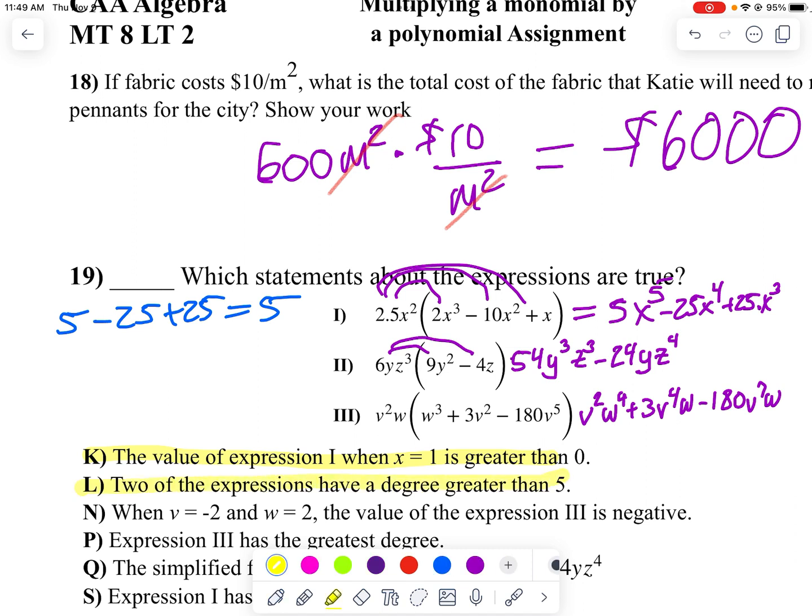When v equals negative 2 and w equals 2, the value of expression 3 is negative. Well, let's do expression 3. So I'm going to say negative 2 squared times w times 2 to the fourth.